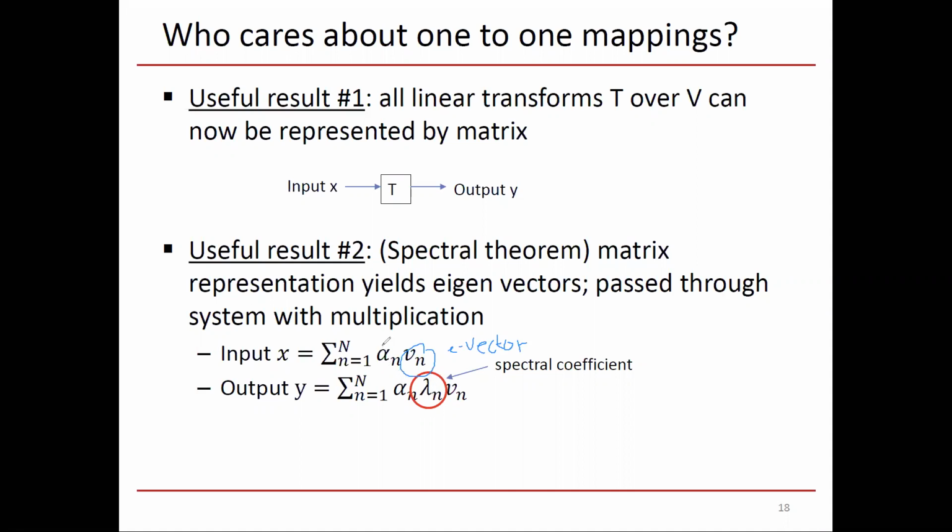So instead of alpha n at the input, we have alpha n times lambda n at the output. Every coefficient is amplified. That's it.